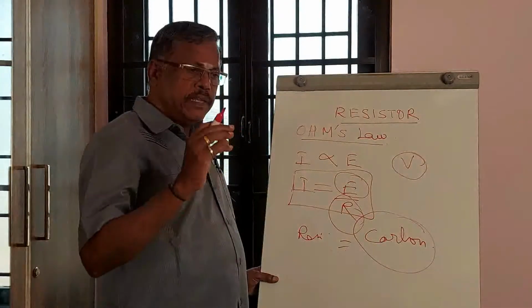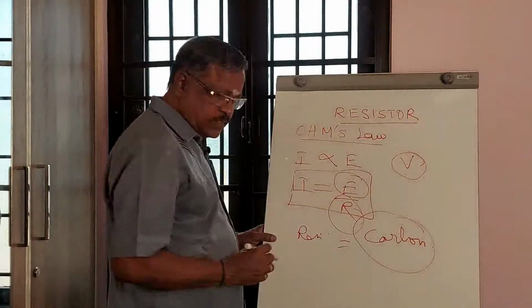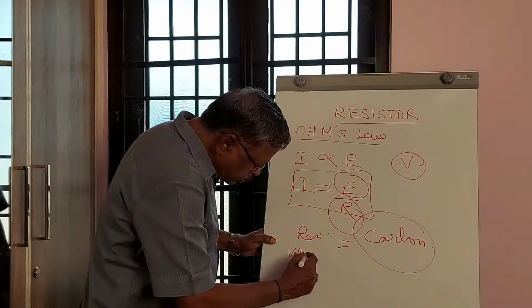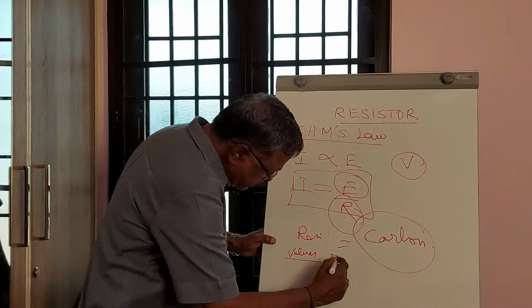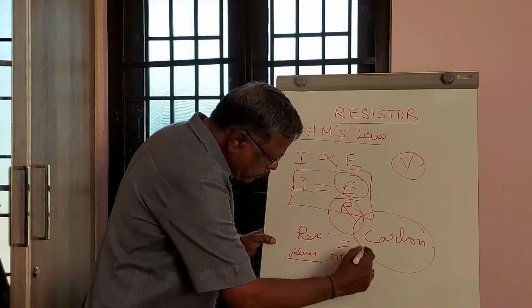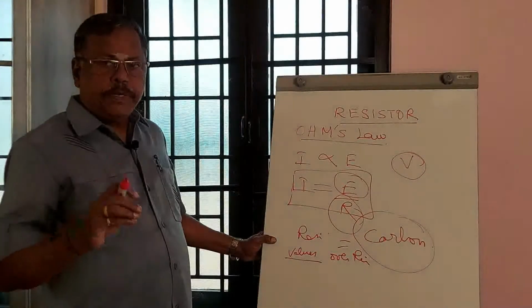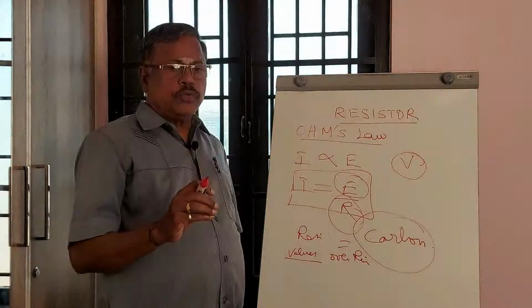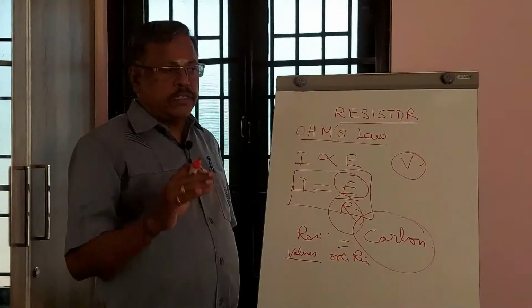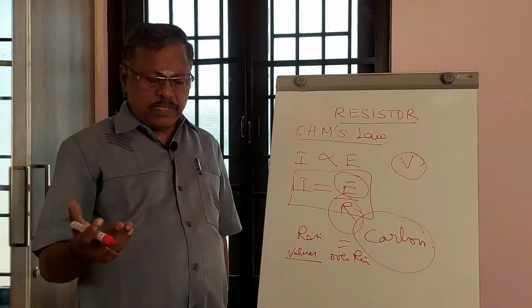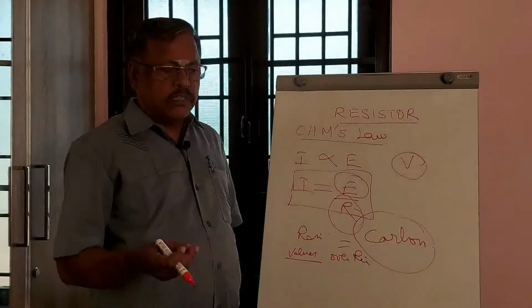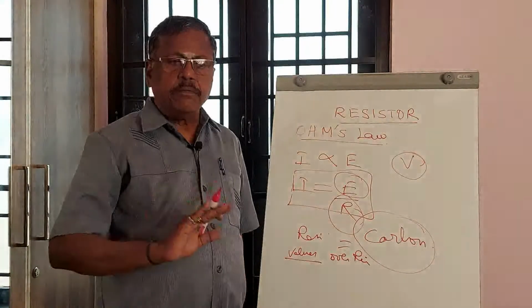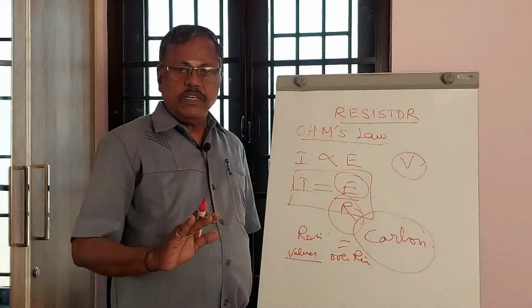There are many carbon resistors available with so many values, and the value of the resistor is printed over the resistor. But in a circuit, a resistor may be used for several years, and after a few years, if you want to find out the resistance value, the number may have been erased.